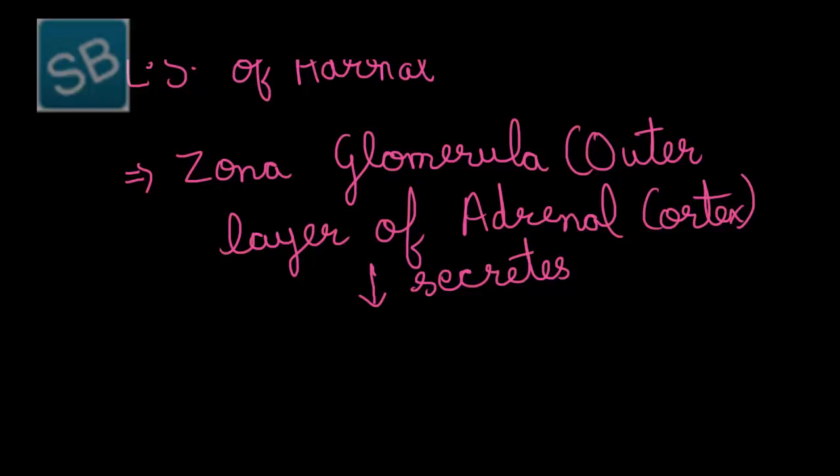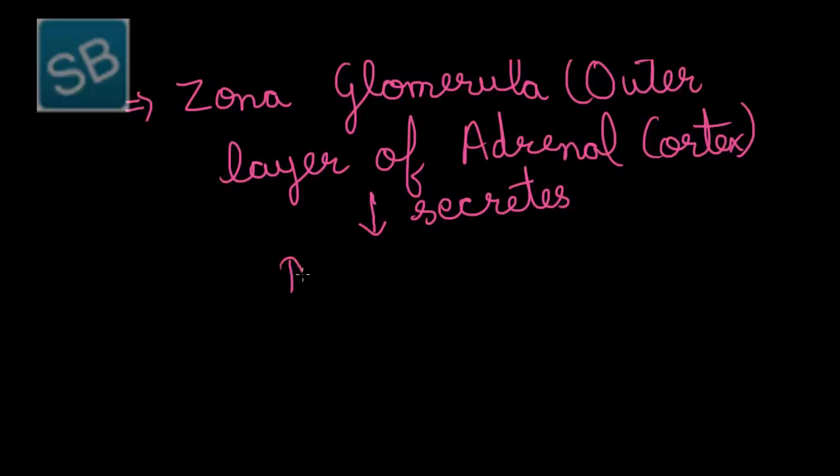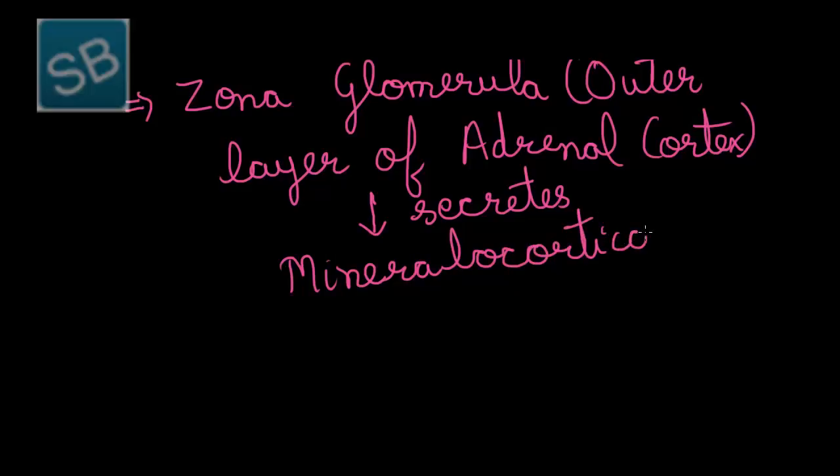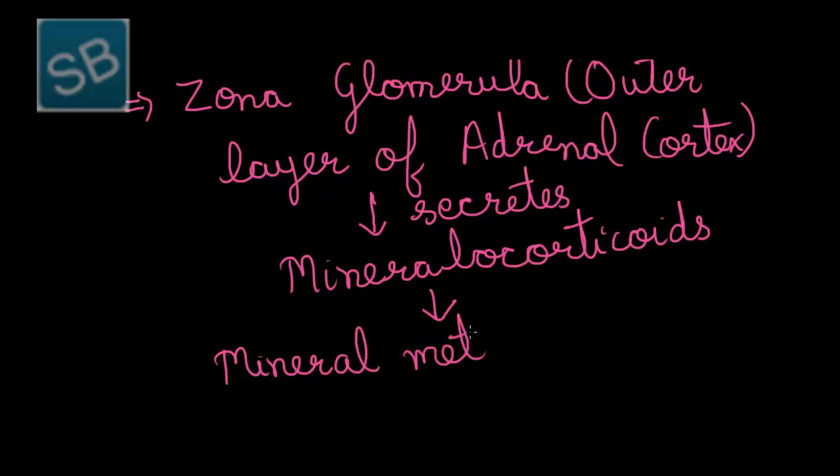Thus, mineralocorticoids constitute a class of hormones which helps in maintaining the mineral metabolism and the balance of water. Thus, the main function of zona glomerulosa is that it helps in maintaining the mineral metabolism and water balance.